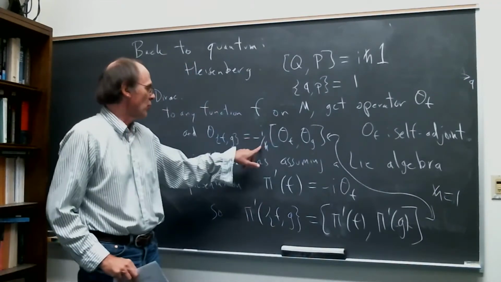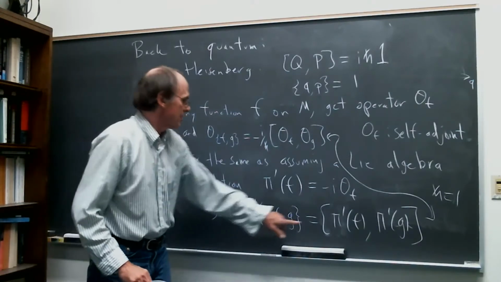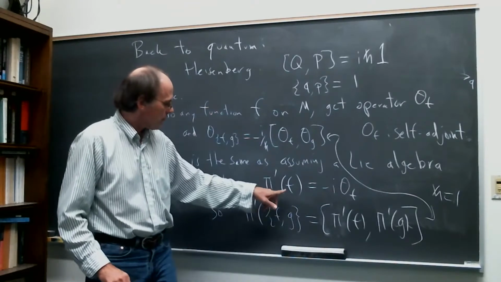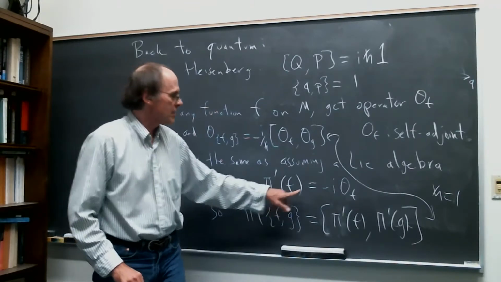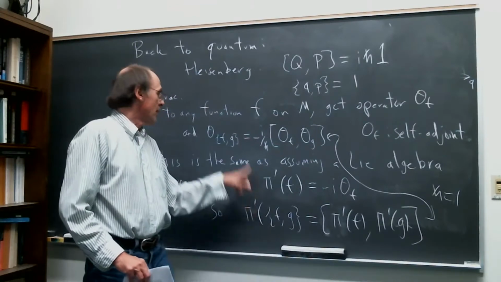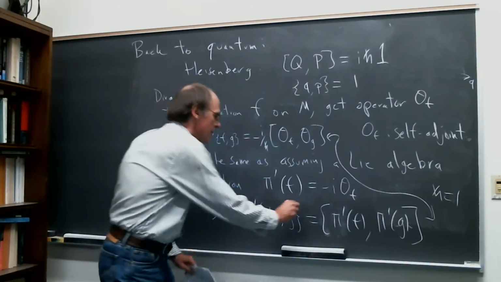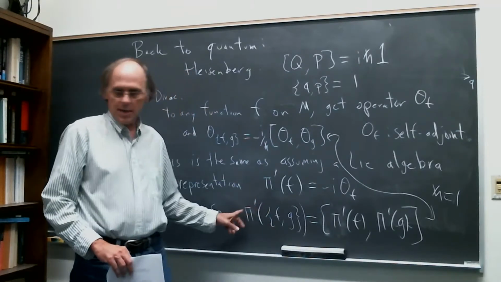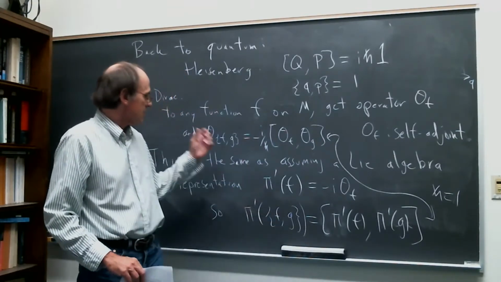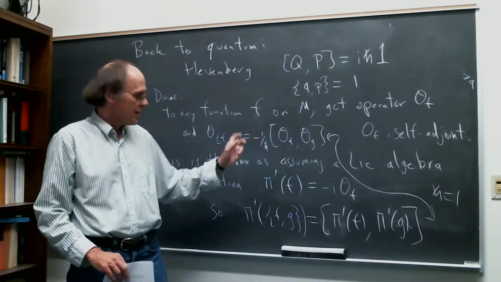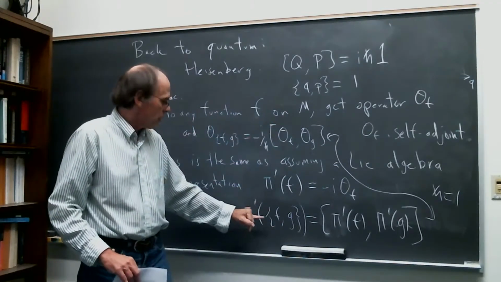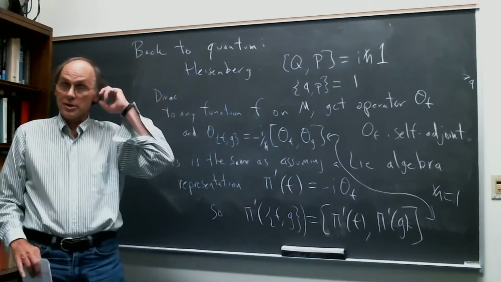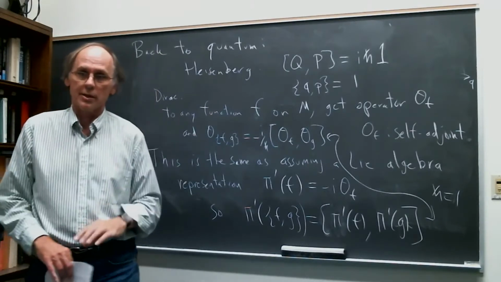If you set h bar equal to 1, then you should see that this equation, if you relate functions on phase space to operators this way, is just exactly the property that says this association of functions to operators is what you would get if you had a Lie algebra representation of the Lie algebra of functions, where the Poisson bracket is the Lie bracket.